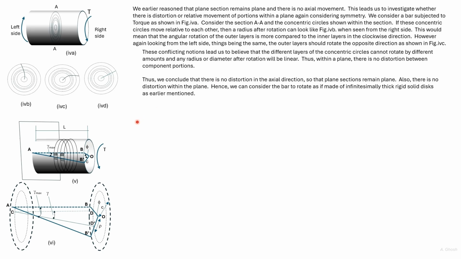With the application of the torque, the elements are now adjacent to AB dash. The angles at the corner of the elements have changed. The change in angle is the same for both the elements and is given by gamma max.